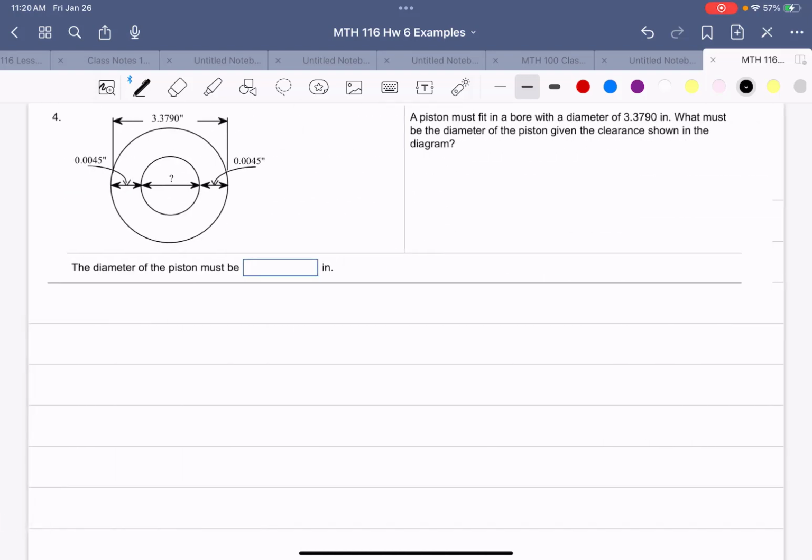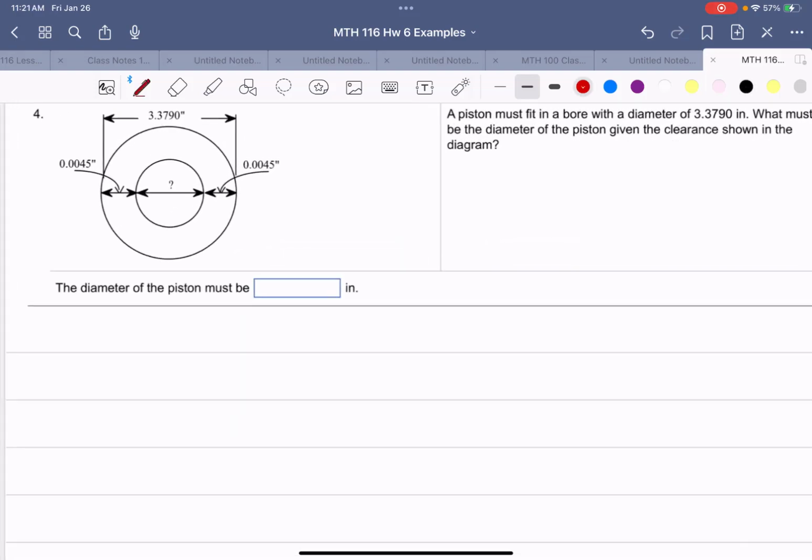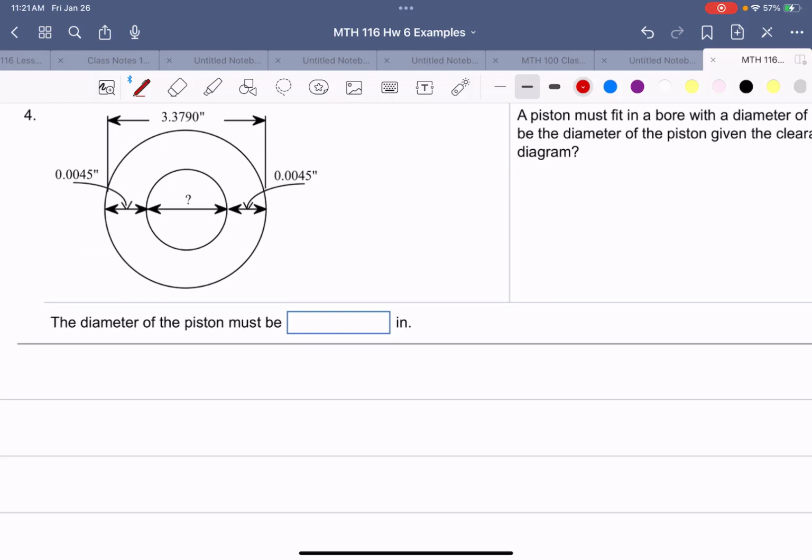Example number 4. A piston must fit in a bore with a diameter of 3.3790 inches. What must be the diameter of the piston given the clearance shown in the diagram? So they're asking us to find this inner diameter here.